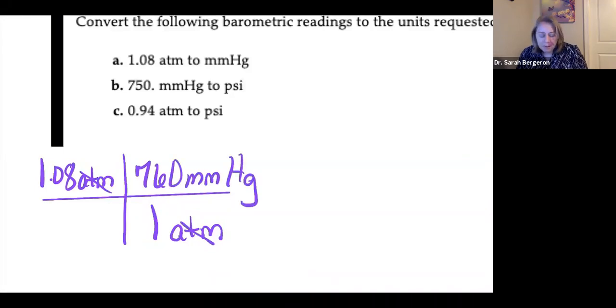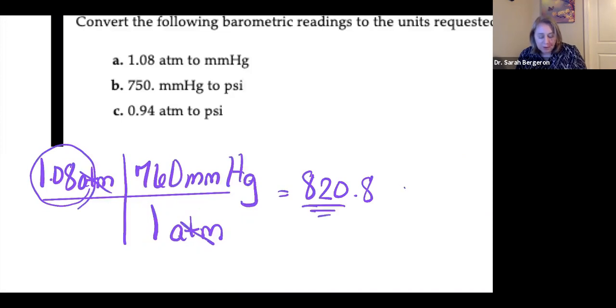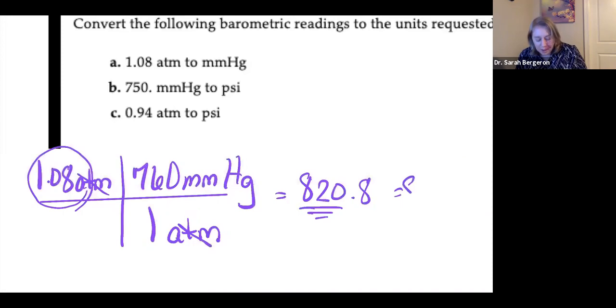So you don't have to memorize these, you just have to remember. So 1.08 times 760 gives me 820.8, but I know I'm going to have to round that because I was given 3 significant figures. So when I round that, that is going to be 821 millimeters of mercury.